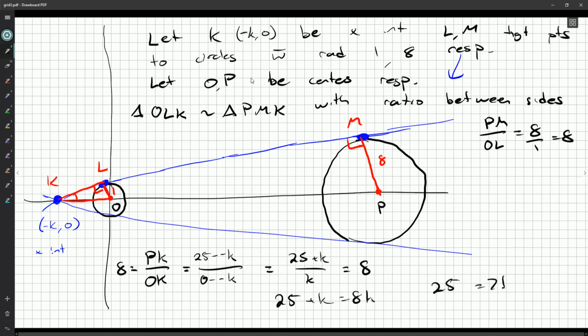25 is equal to 7k, and immediately, seeing right angles, 25 and 7, I think of a Pythagorean triple, the 7, 24, 25 triangle. I bet there's a bunch of those lying hidden in here. Okay, so I'm even willing to bet that maybe OLK and OMK have sides in the ratio of 7 to 24 to 25. It would remain for me to prove that, but that's right angles, 25 and a 7.